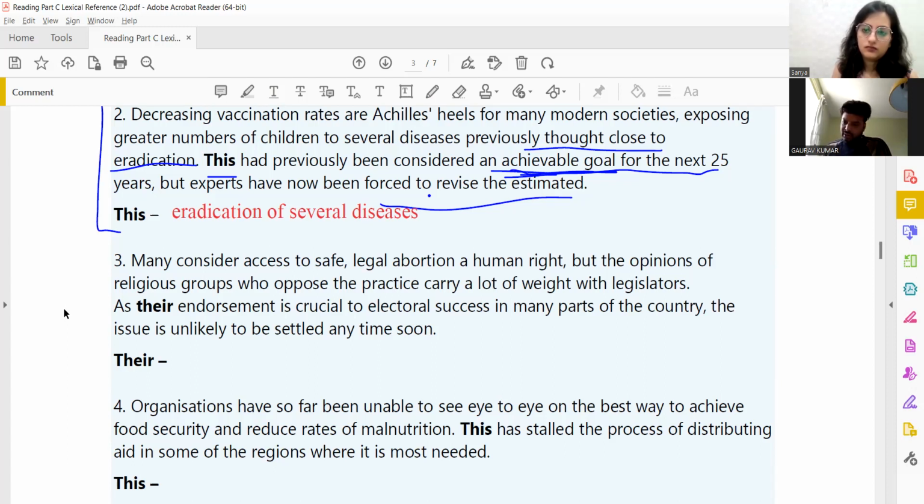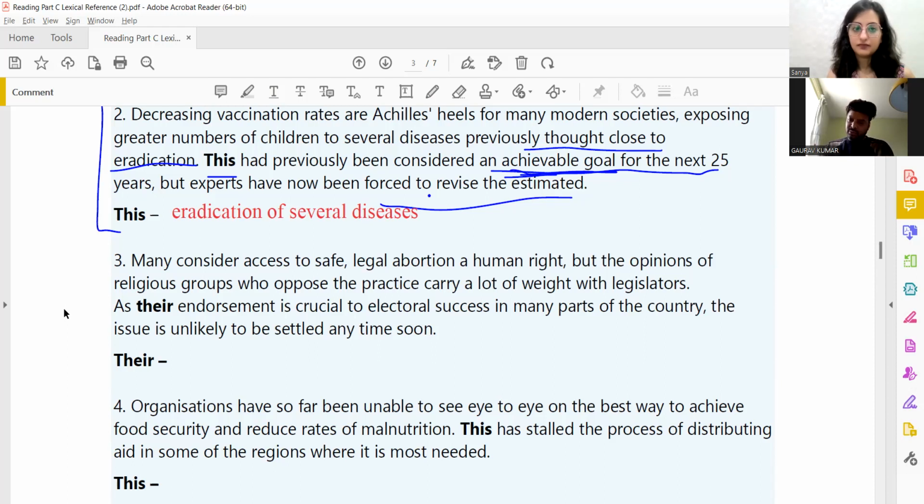Okay, their endorsement. The opinions of religious groups who oppose the practice carry a lot of weight with legislators, and their endorsement. So their endorsement means plural. The women consider safe legal abortion.